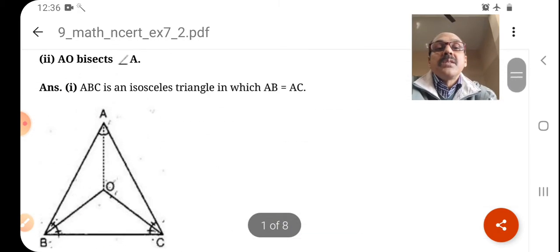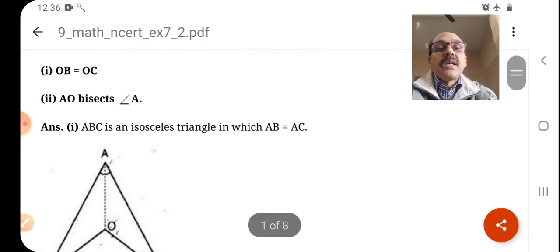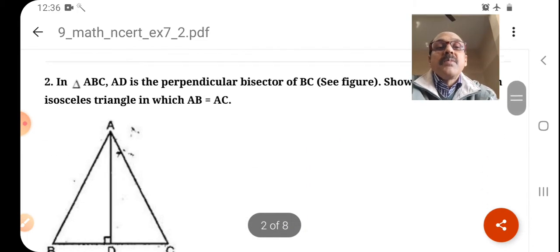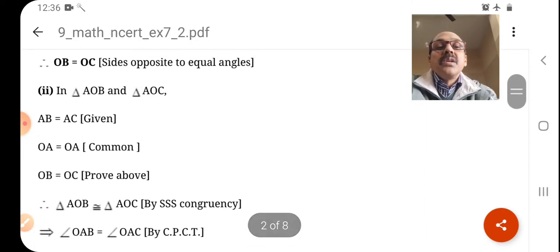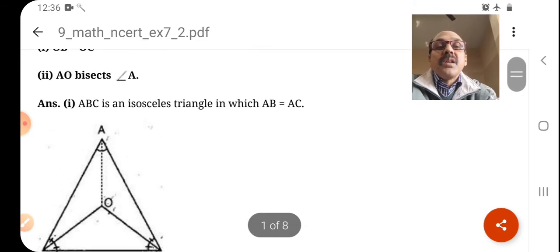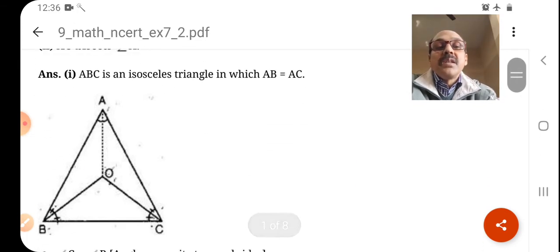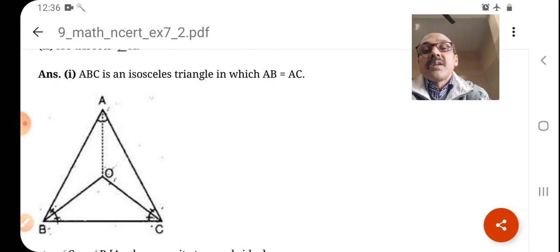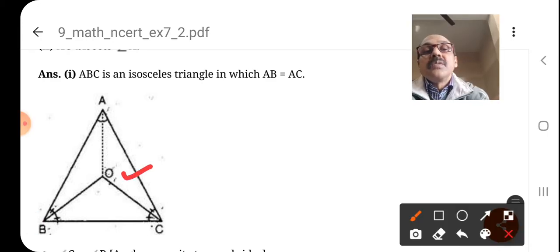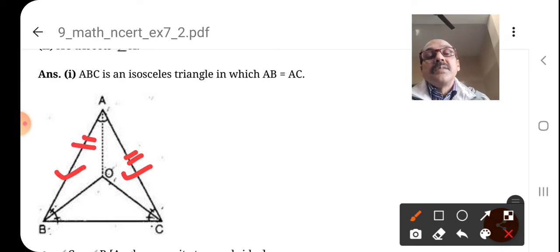Then question 2 is AO bisects angle A. So in triangle AOB and AOC, this side equal to this side, and this side equal to this side.